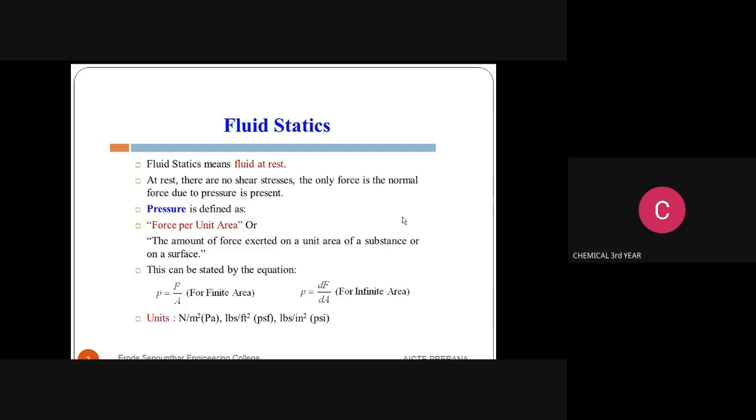The basic law governing fluid statics is Pascal's law. So we want to know about Pascal's law. Pascal's law is P is equal to rho G into Z. The pressure of the fluid will be the same in all the directions.